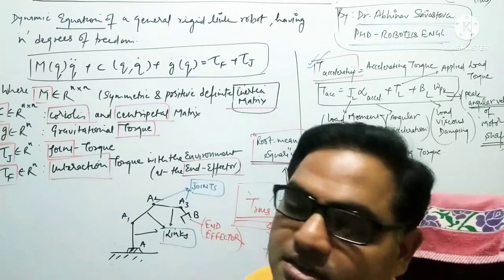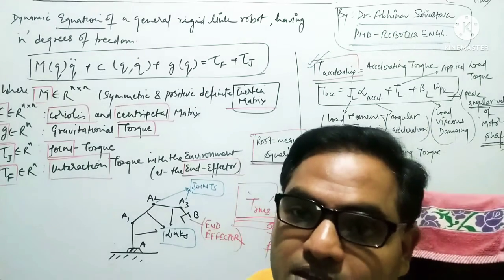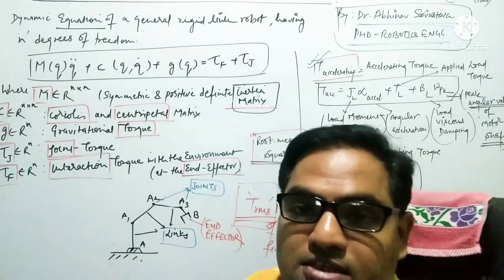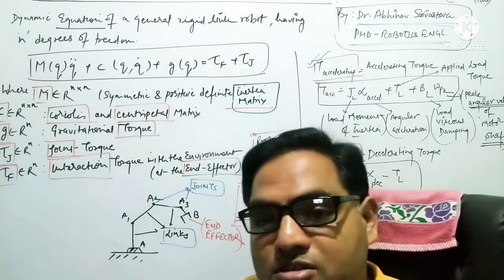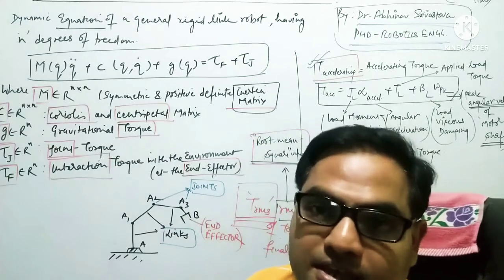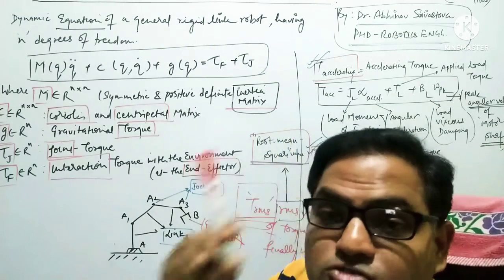For a general basic 6 DOF system, it can have 6 joints; the number of joints equals the number of degrees of freedom in a preliminary sense. Now, coming to today's topic.